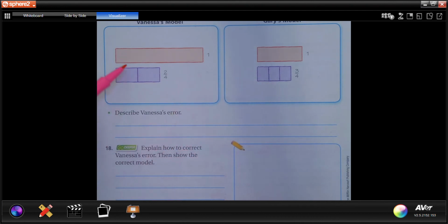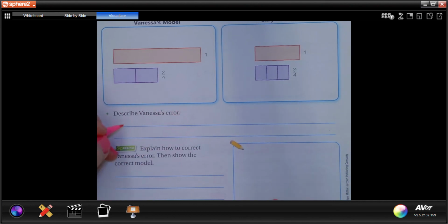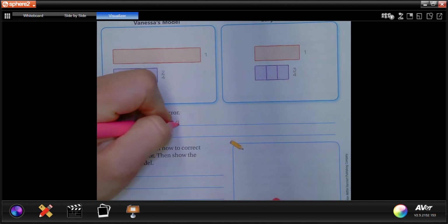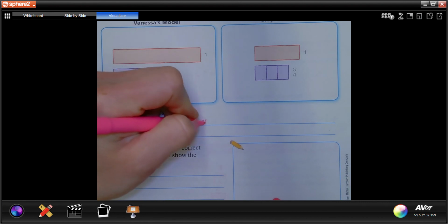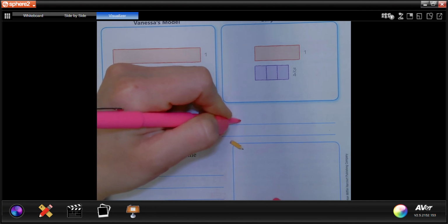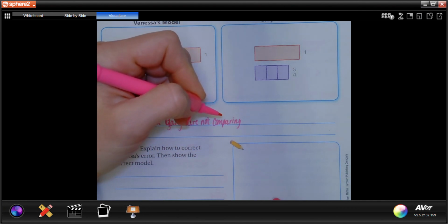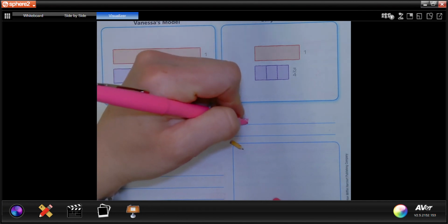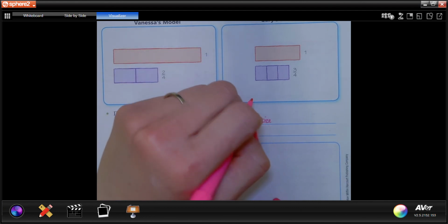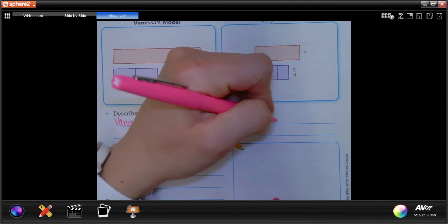So Vanessa's error is that Vanessa and Gary are not comparing same size wholes.